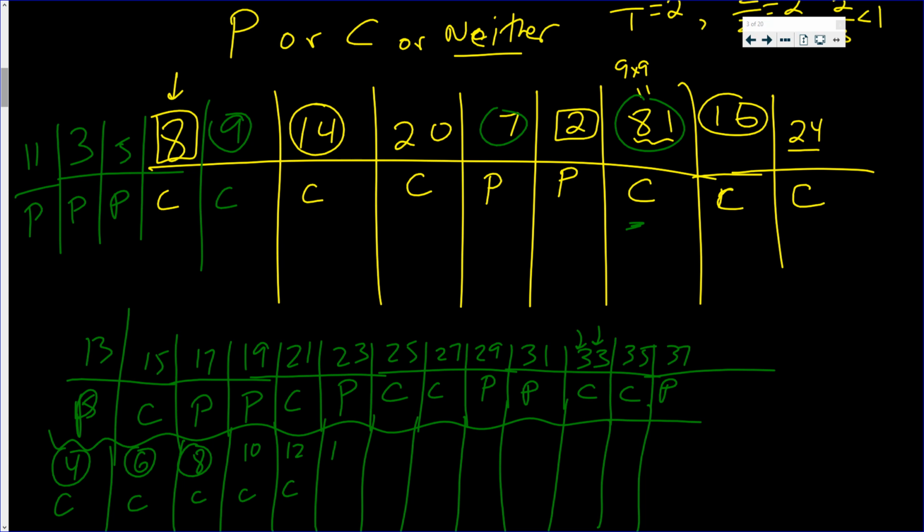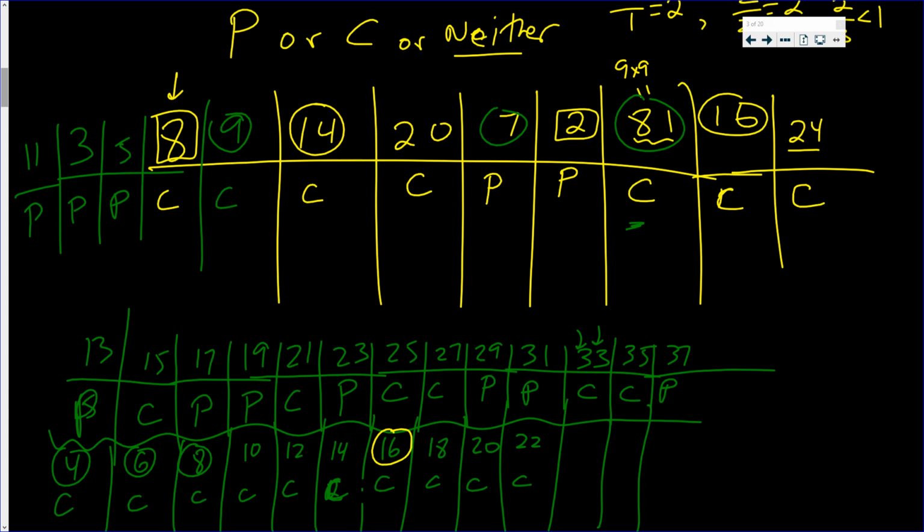It's composite. 14, 2, which is neither 1 nor 14, goes into it. So it is composite. 16, 2, which is neither 1 nor 16. Found a number other than 1 or 16 that goes into it, so it is composite. 18, 2 goes into it. 20 is composite. 2 goes into it.